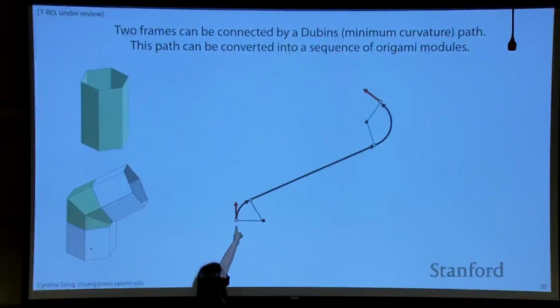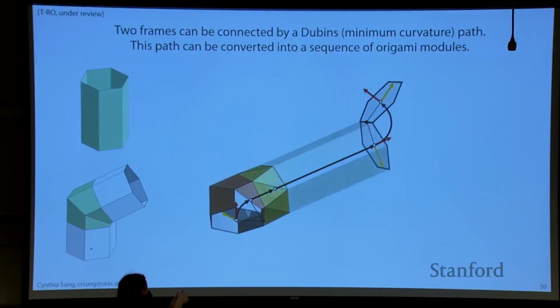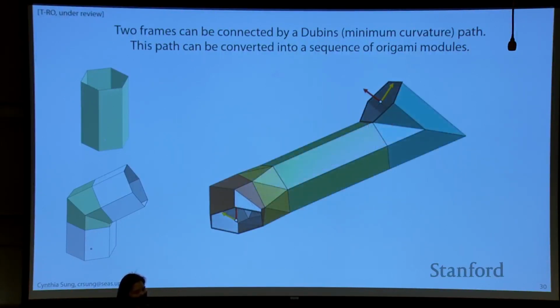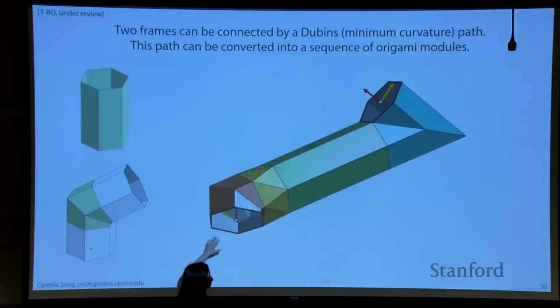This path has both circular arcs and linear components, and each of those sections can be converted into a fold pattern. So if I have a joint that I want to connect to this side and a joint I want to connect to that side, I can always connect them with an origami pattern so long as I can construct this Dubins path.